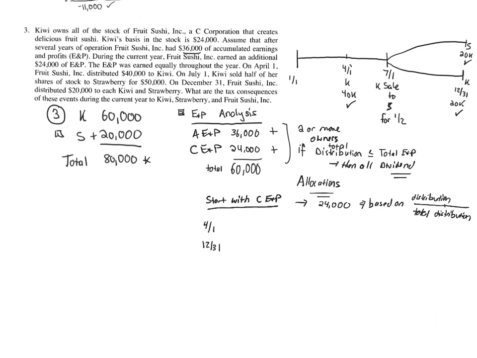So we have three key dates: April 1st, 12/31, and 12/31. Three dates of distribution. Same dates, but to two different people on 12/31. April 1st is the kiwi. December 31st is also kiwi and also to strawberry.